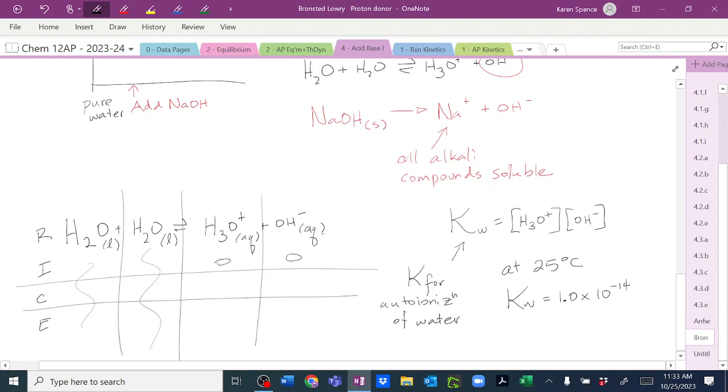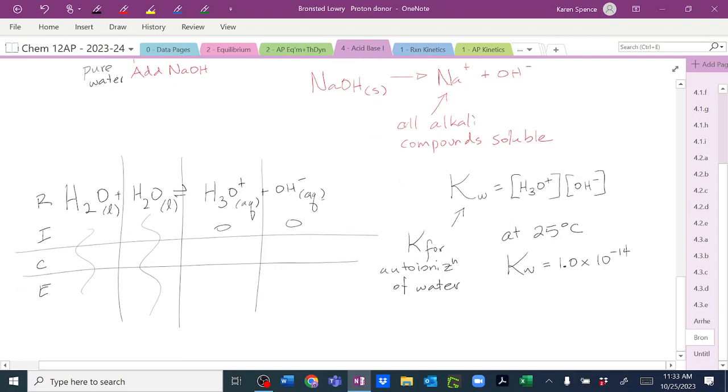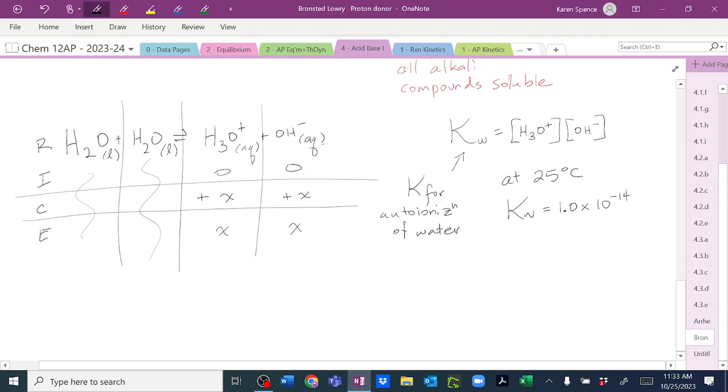Now, water is going to react with itself. So what's the change going to be? X. And at equilibrium, X. So we now have Kw is equal to H3O plus times OH minus.